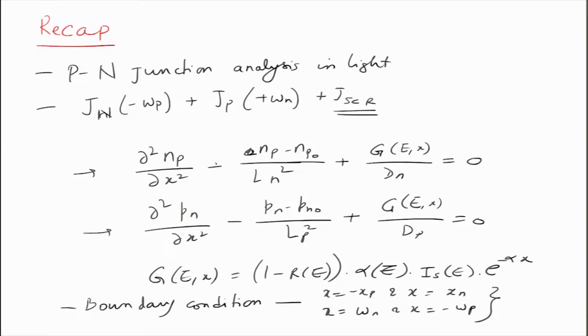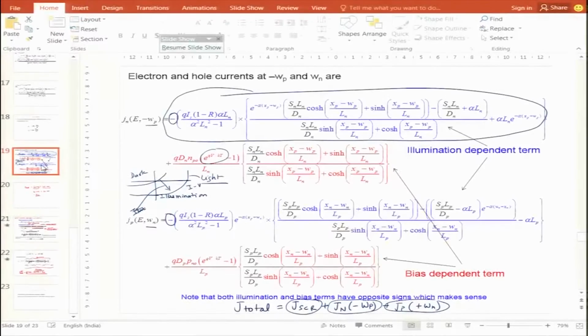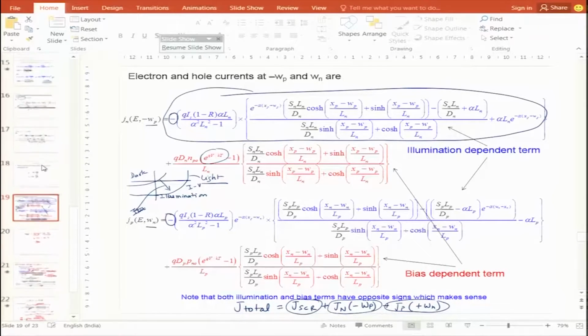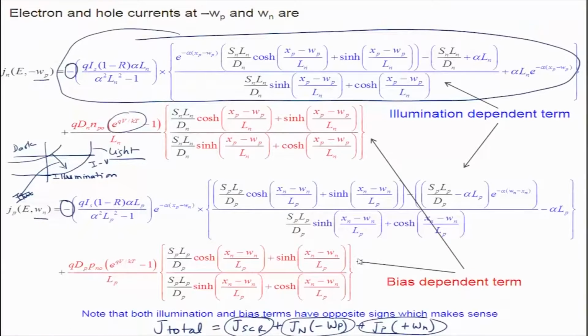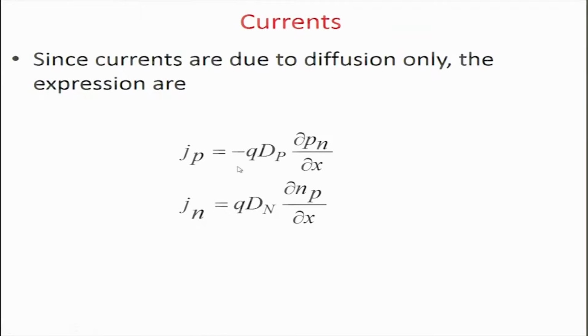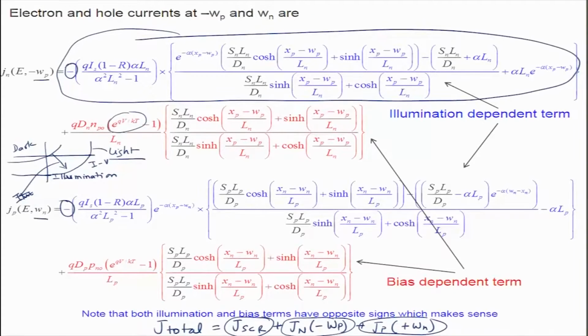These were the things that we did, and if you go back to the previous lecture, we looked at these expressions for electrons and holes. We had the electron current at minus Wp and the hole current at plus Wn, and when we substituted these carrier concentrations into the differential equations, what we got is the current.